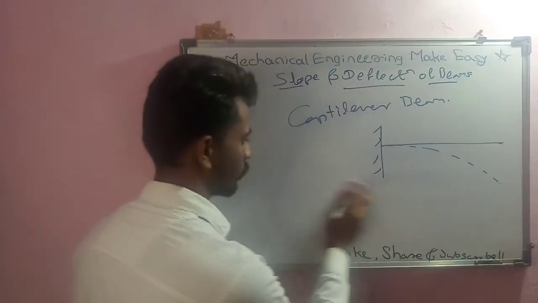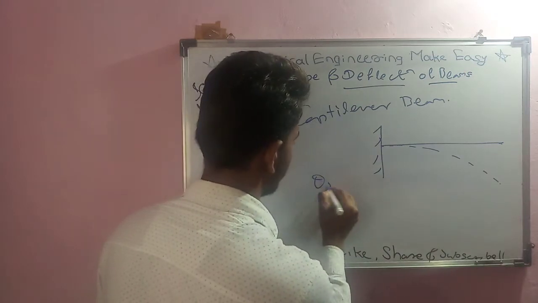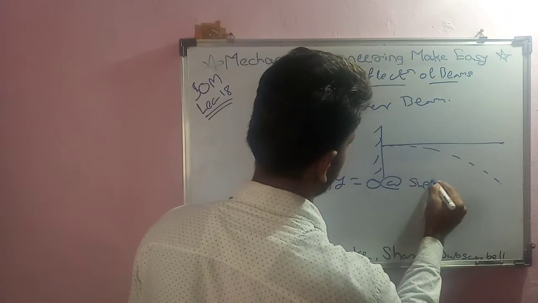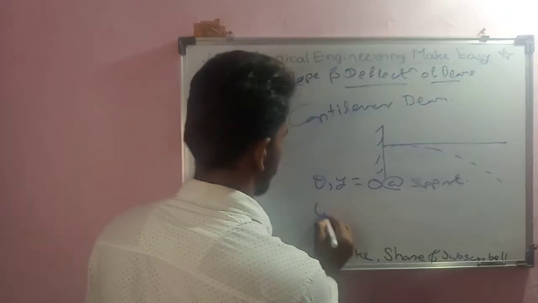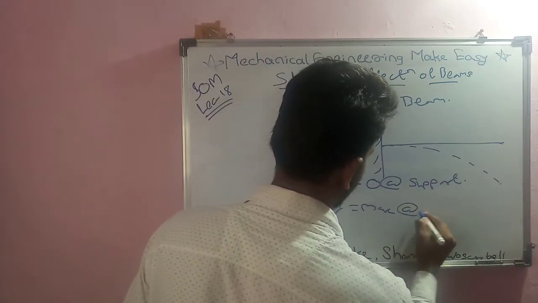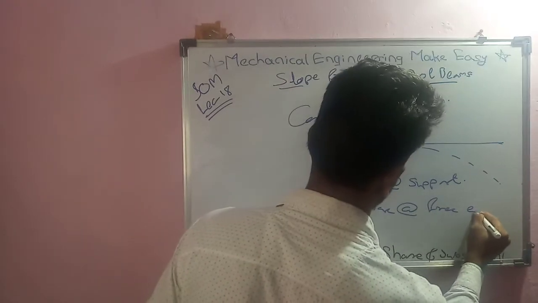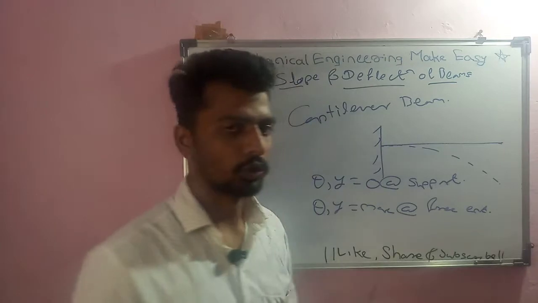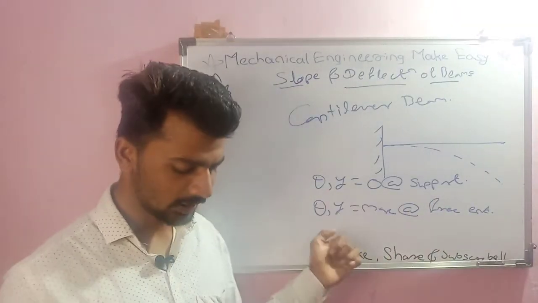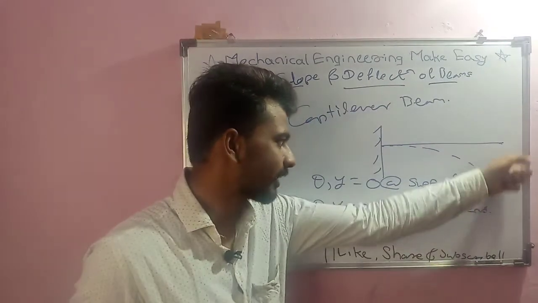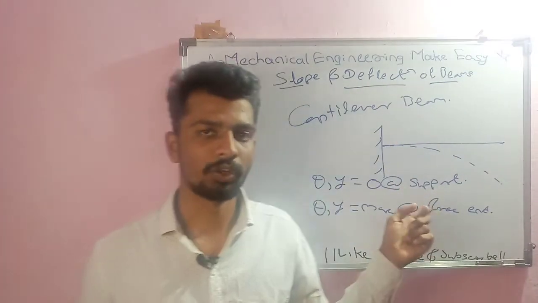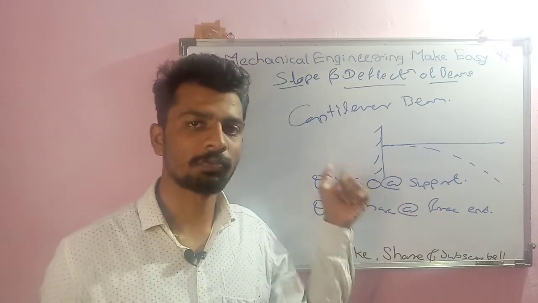In this case, theta and y both will be 0 at the support, and theta and y both will be maximum at the free end. So in the case of a cantilever beam, very easy boundary conditions are there: theta and y are both maximum at the free end, and theta and y are both 0 at the fixed end.